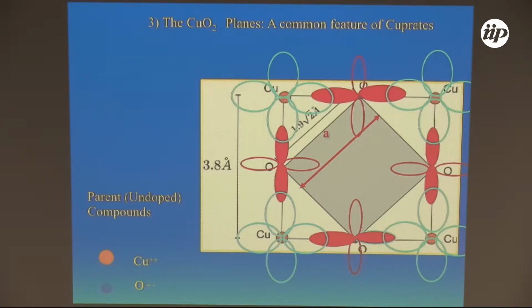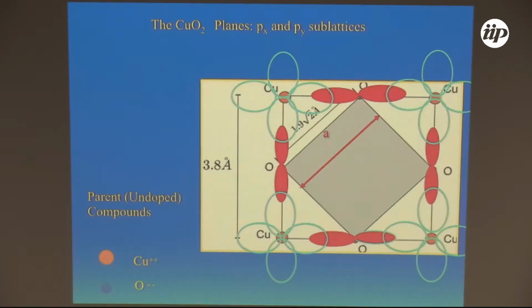So this makes the oxygen lattice very peculiar in the sense that there are two sublattices, one with px orbitals and the other with py orbitals, which are really the active ones.